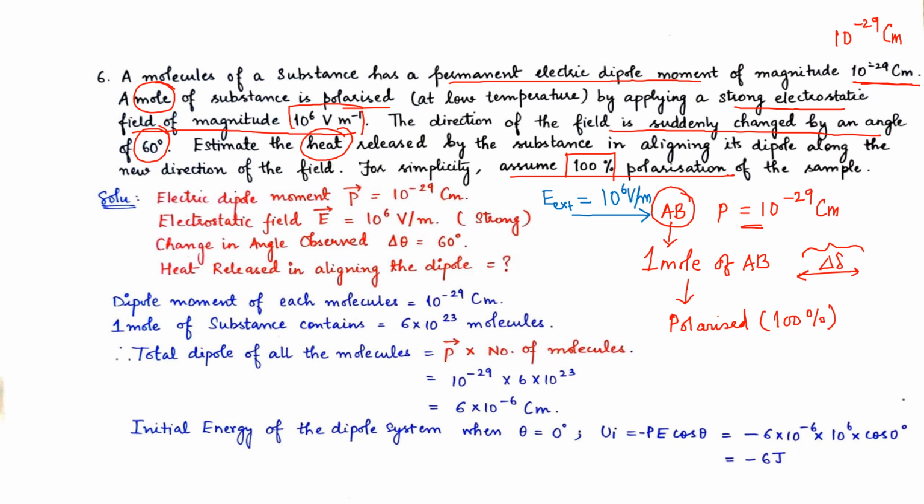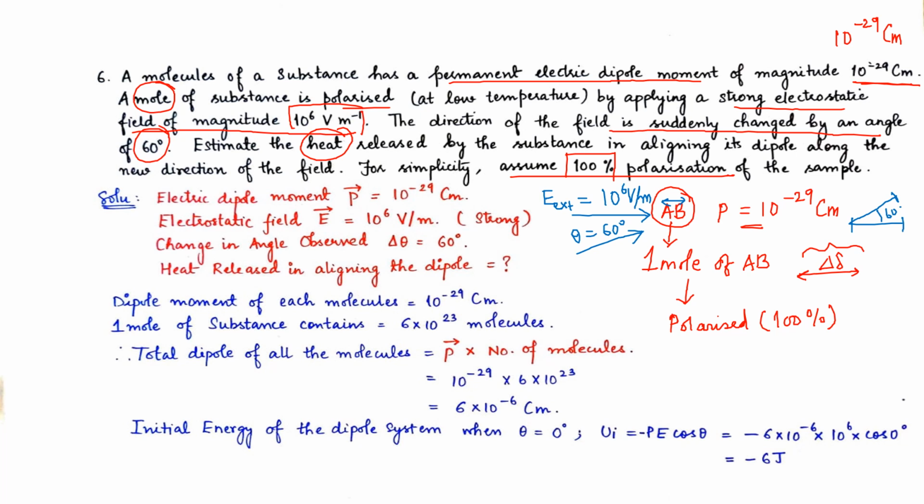When we give this strong external electric field, after a little time the direction of this AB dipole is changed by an angle of 60 degrees. Now after this sudden change, what we aim to find is the release of heat. At this point it is in a stable state. Now it will release some energy to come to this 60 degree angle.